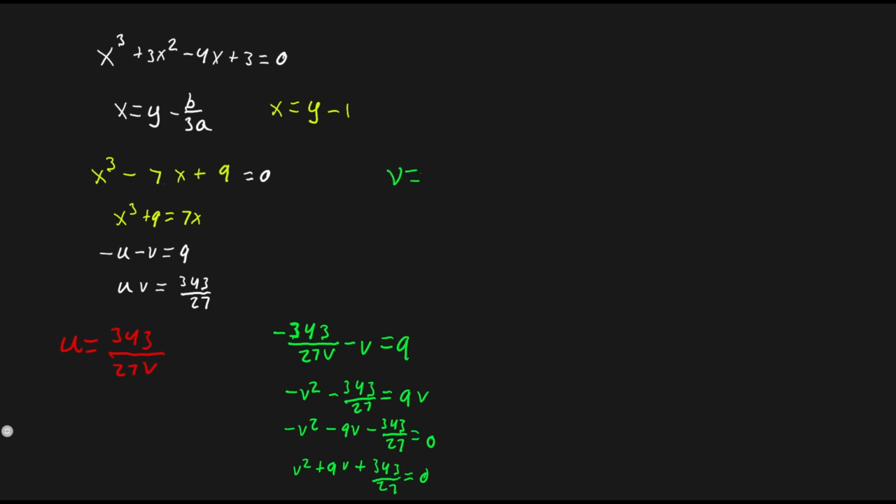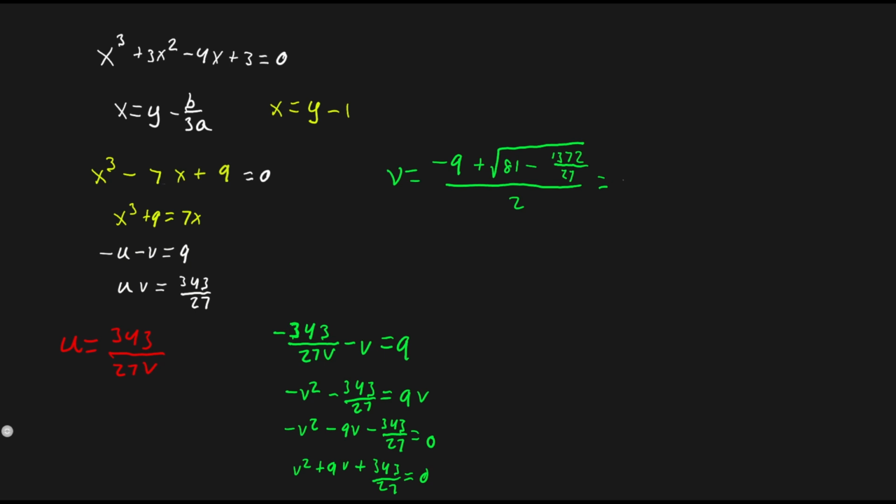So we have v is equal to -9 plus the square root of 81 minus 1372 divided by 27, all divided by 2.